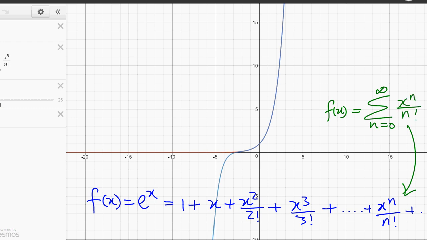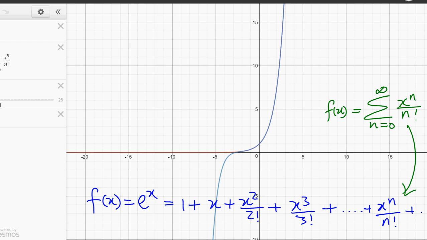All right, and you can generate this for a given number of terms. You can generate it up to x cubed, up to the x to the power 3 term, up to the x to the power 4 term. Now, those are what are called Taylor polynomials.